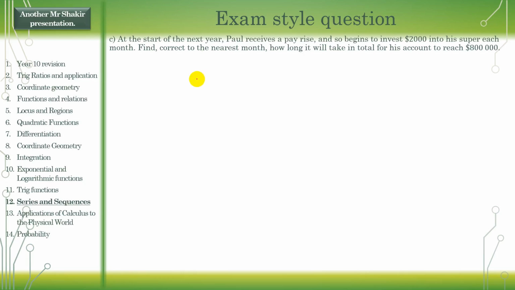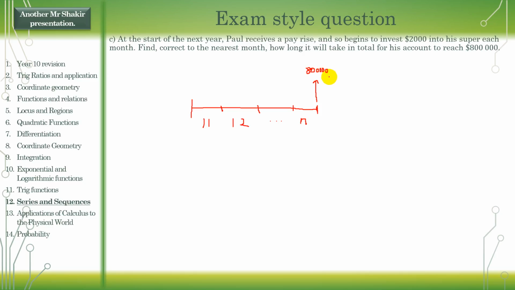So if you were to draw a timeline, let's draw a new timeline, okay? And let's just say this is the 11th year. We're talking about the 11th year, right? 12th year, and so on. And N, they're asking us to find how long it'll take, so it's going to be N years. And over here, I want 800,000.